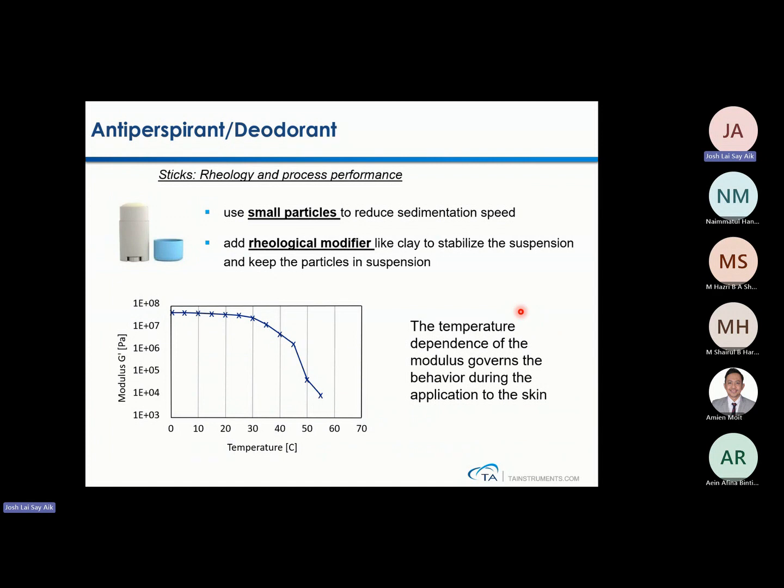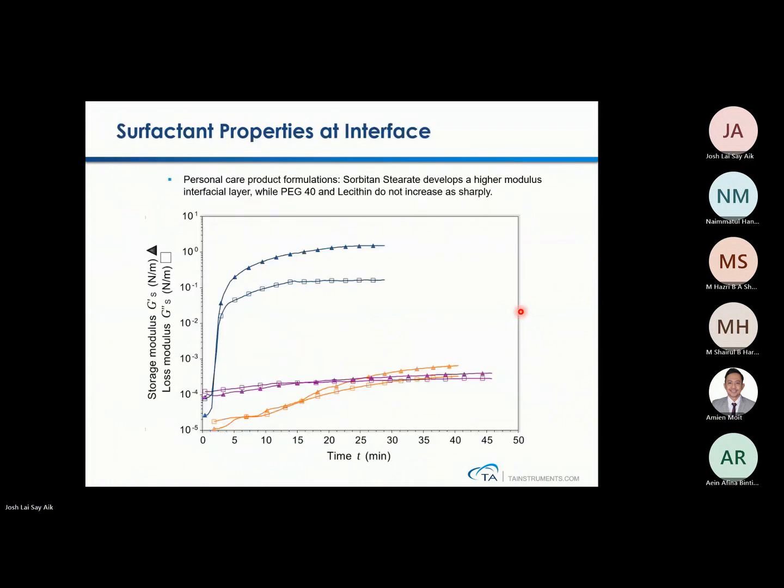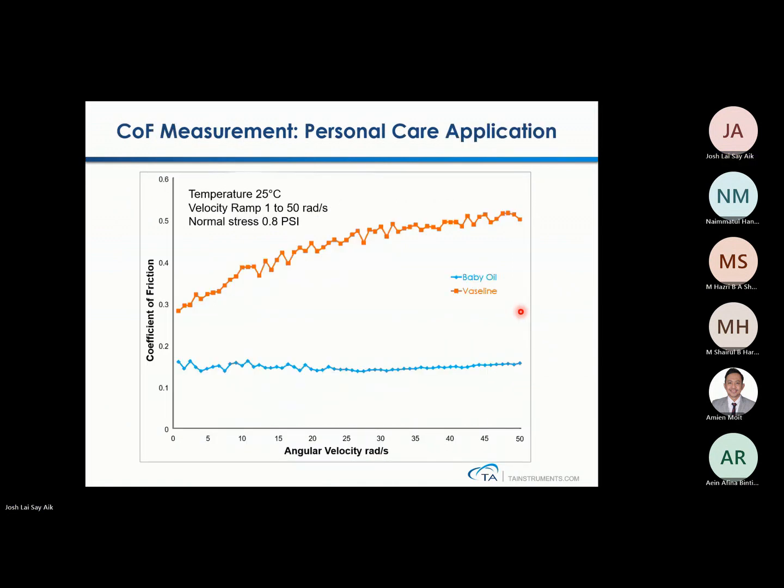So you can do this temperature behavior as well, applied to your own samples. And surfactant properties at the interface. For some personal care products like baby oil and Vaseline, the HR rheometers can also be compatible with tribology accessories to calculate the coefficient of friction.